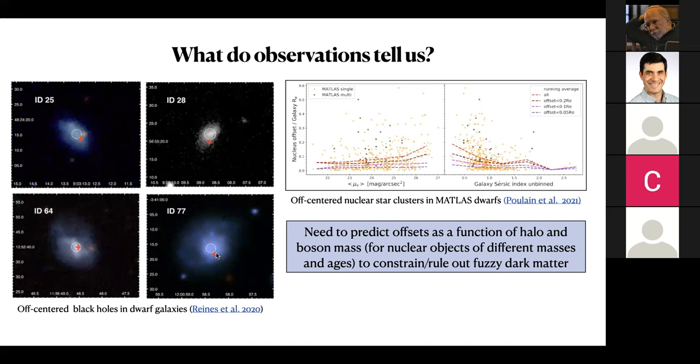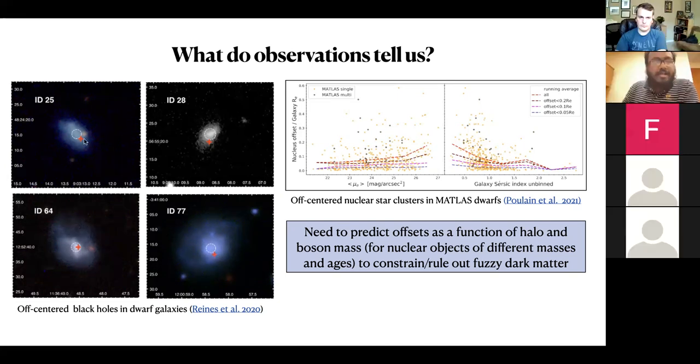What you find is that the black holes are actually offset from the center of the halo or the center of the galaxy. I'm showing you 4 examples, but in this particular sample, the authors say that most of their galaxies actually have off-centered black holes.